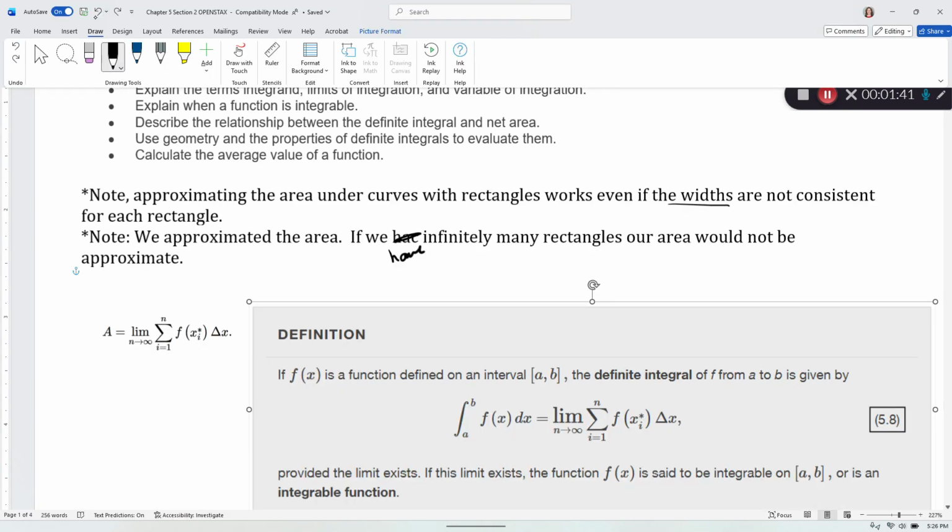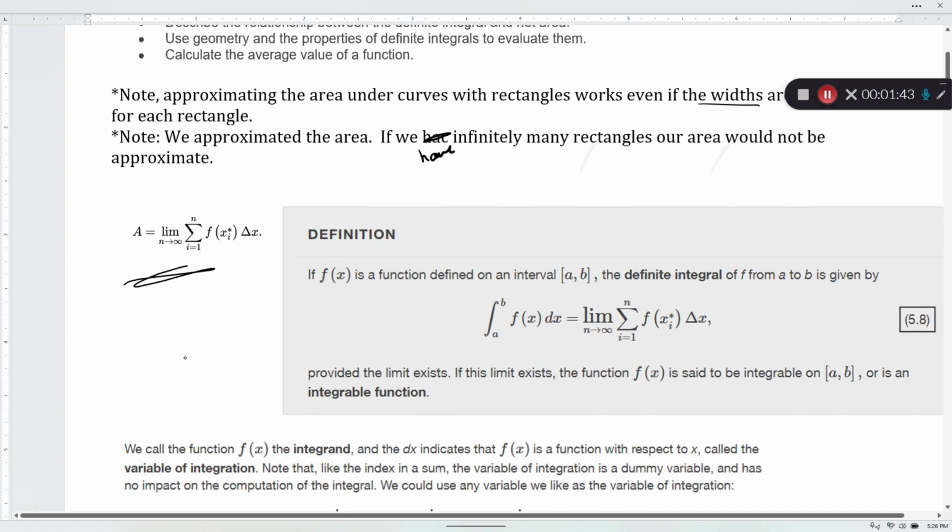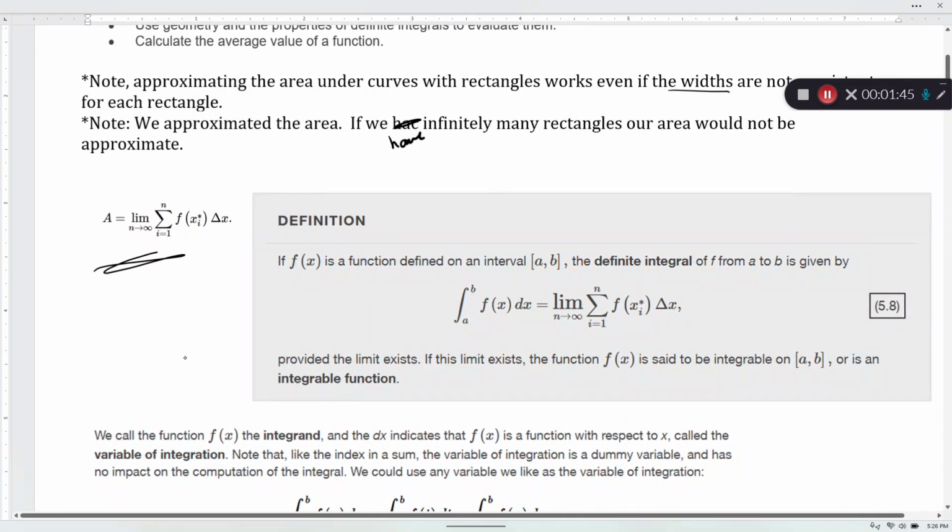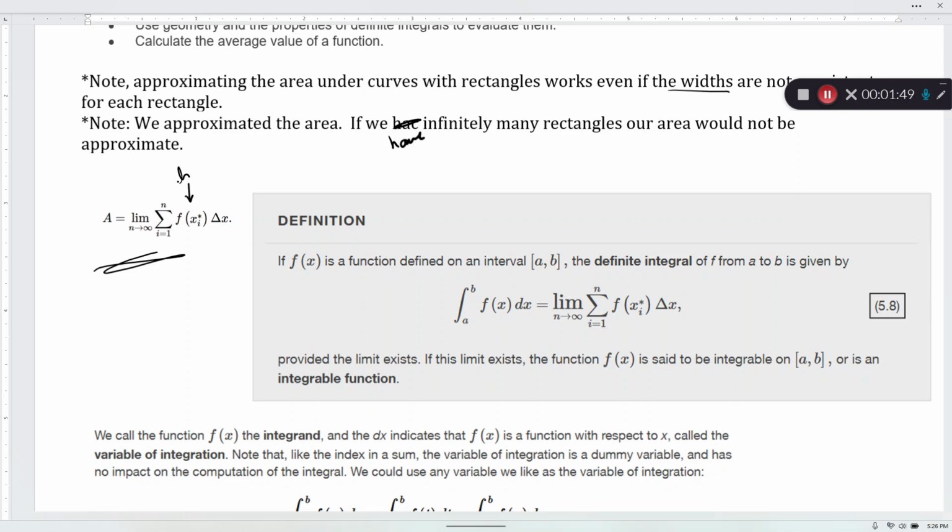If we look right here, this is what we're talking about. We learned in the previous section that this represented the height and this represented the width of each rectangle. We're adding up all the rectangles' areas, right?